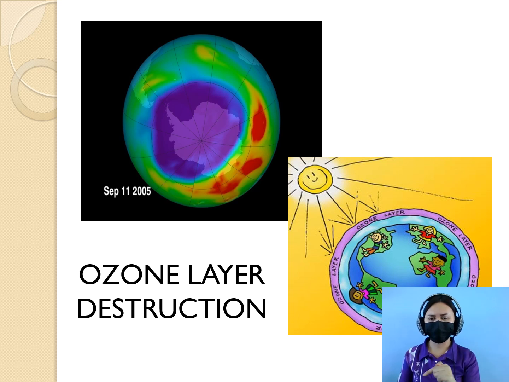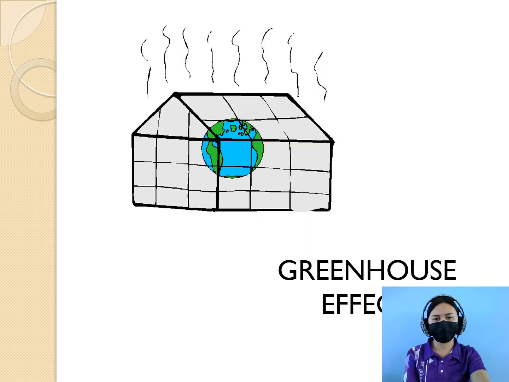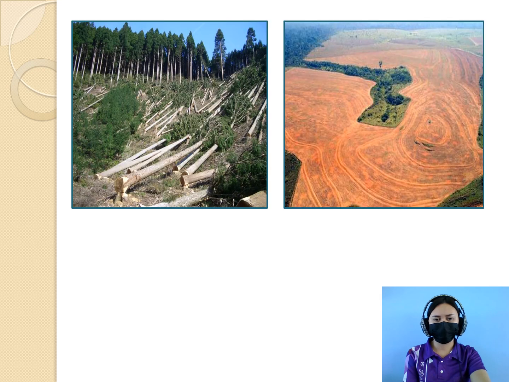That's why the UV rays can go through, and it's so hot and it damages our skin. Greenhouse effect. It's like global warming also.